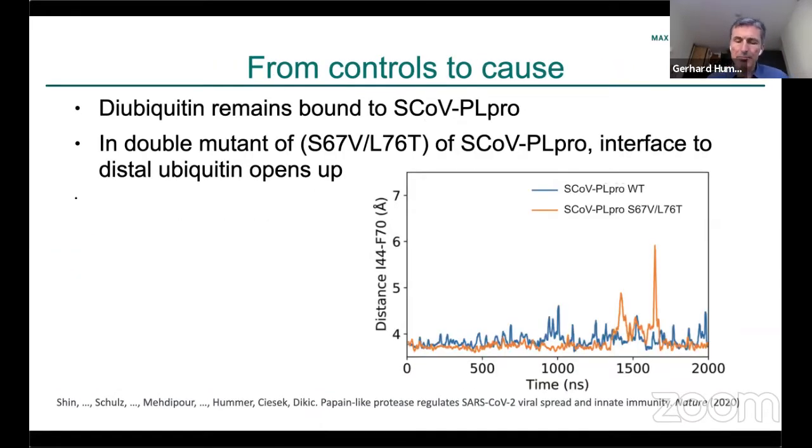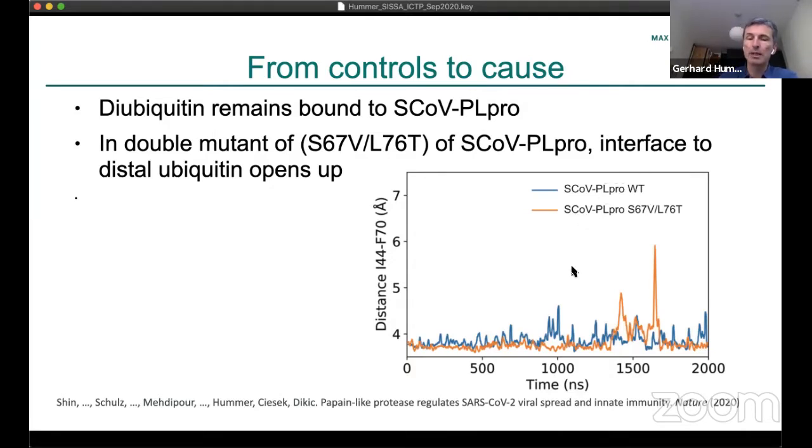But we had to do some controls, and one important control is to introduce the mutations, these changed amino acids between SARS-CoV and SARS-CoV-2, back into the old SARS-CoV background. So we take the new valine and the threonine residues, and we make mutations in the old SARS structure.